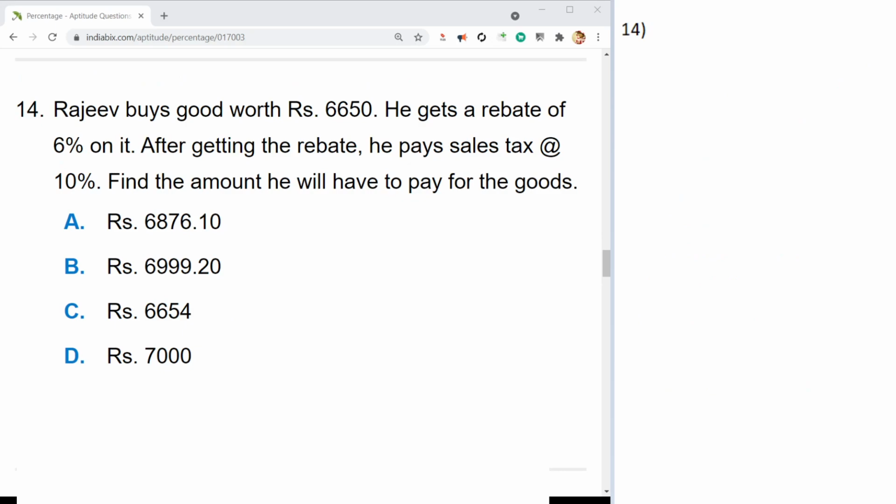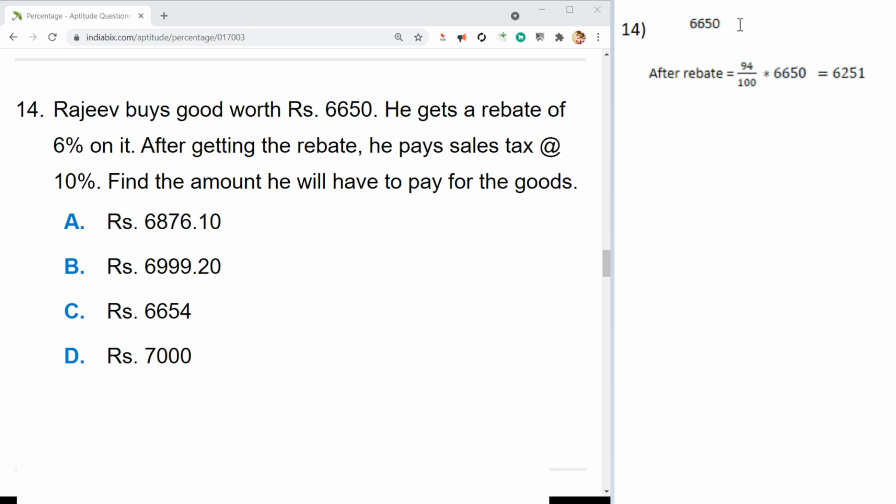Raju buys goods worth 6,650. Raju bought for 6,650 rupees. He gets a rebate of 6% on it. Rebate means some discount. After rebate, he has to pay only 94%. That means after rebate, he has to pay 94 by 100 into 6,650, which equals 6,251.